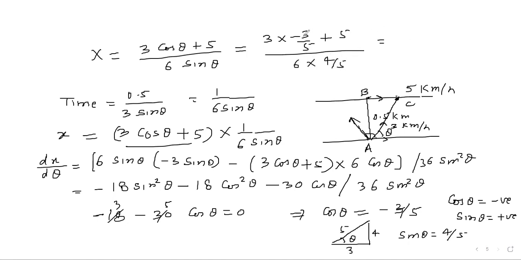This will become minus 9 plus 25 divided by 5, into 24 upon 5. The 5 cancels out. This will become 16 by 24, which is 2 by 3 kilometers. And that is our answer. Thank you for watching.